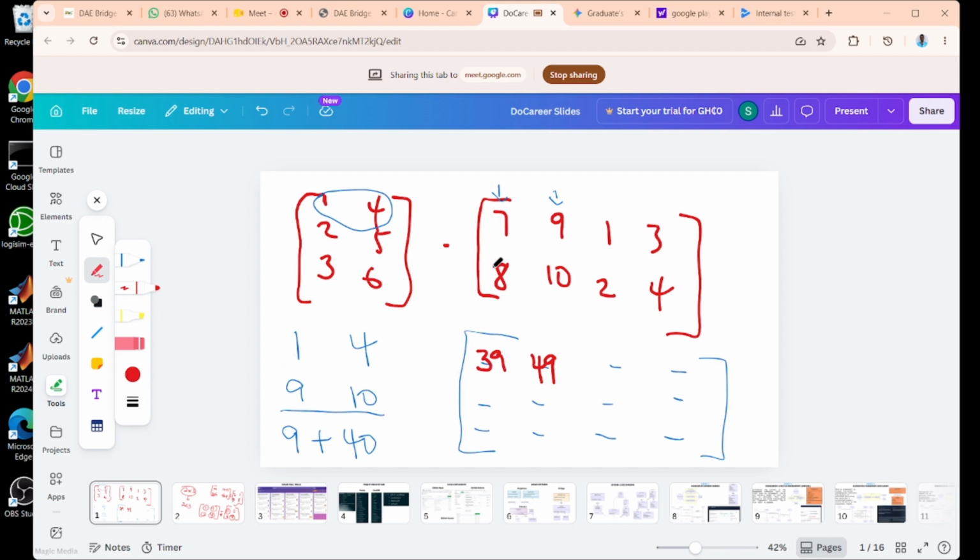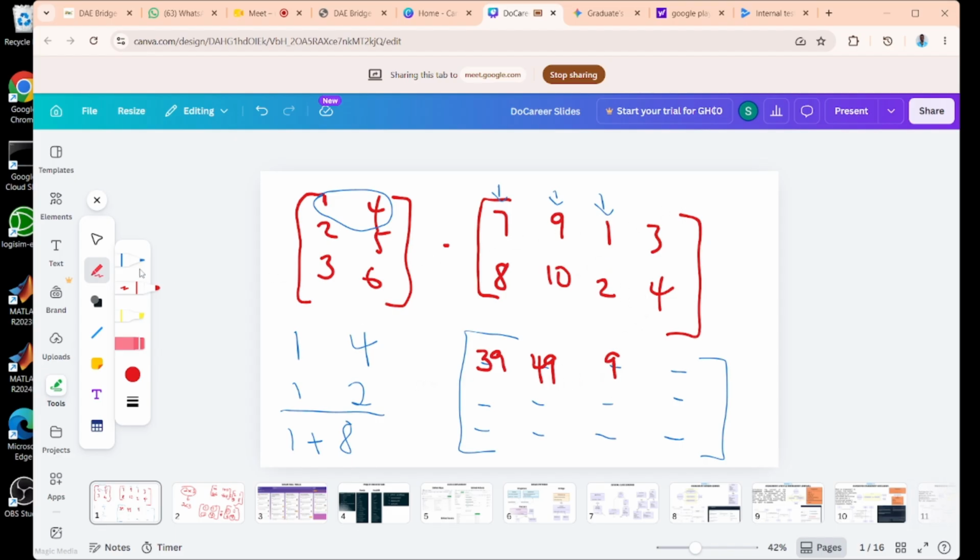I'm going to put 1 and 2. Then 1 times 1, that's 1, plus 4 times 2, that's 8. So the answer is 9. We'll place 9 here for the top row.